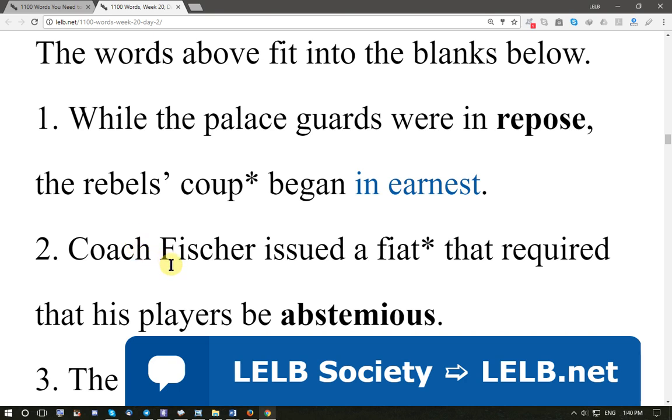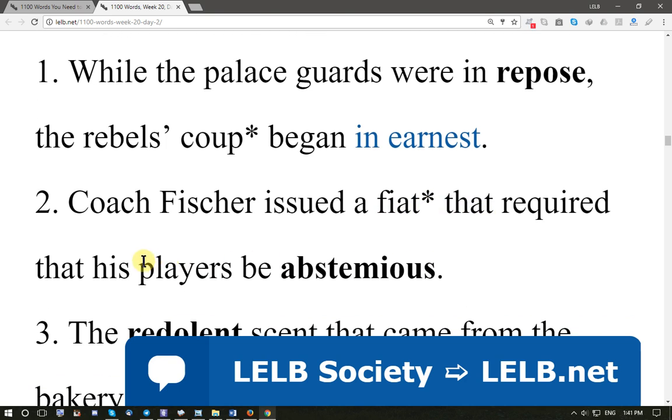Number 2, Coach Fisher issued a fiat, British fiat, American, that required that his players be abstemious, because he was the trainer. Coach Fisher issued a fiat, or gave a command, or rule, that required his players be, pay attention, before be there was should, and it has been omitted because of require.